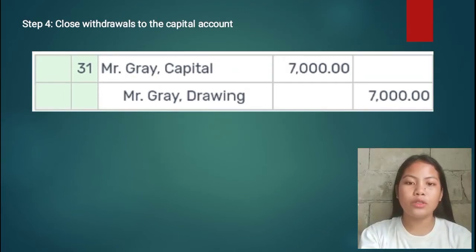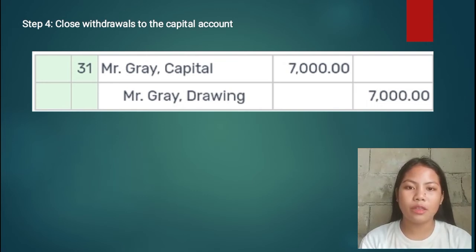Step 4. Close withdrawals to the capital account. Mr. Gray capital is 7,000 and Mr. Gray drawing is 7,000. For sole proprietorships and partnerships, in a sole proprietorship, a drawing account is maintained to record all withdrawals made by the owner. In the partnership, a drawing account is maintained for each partner.